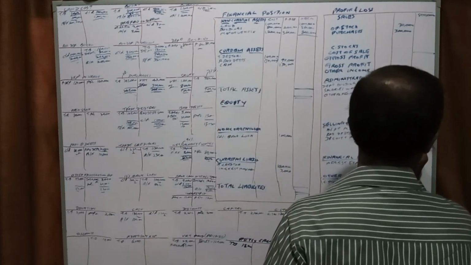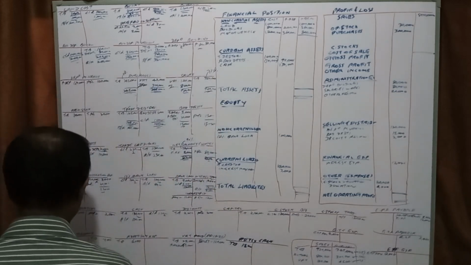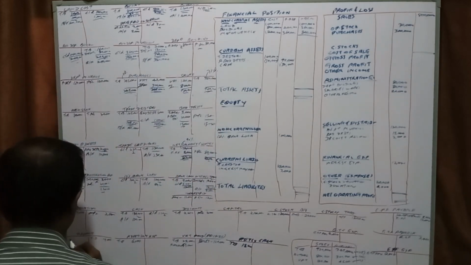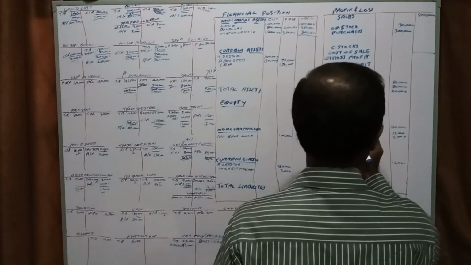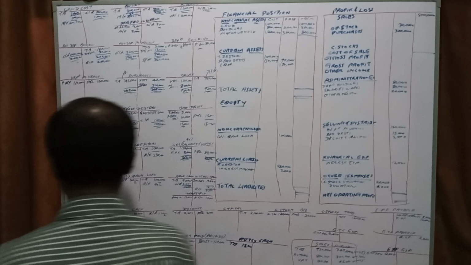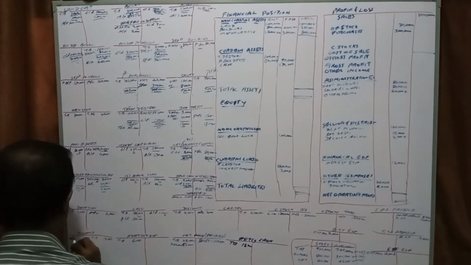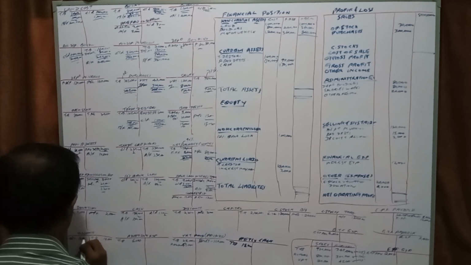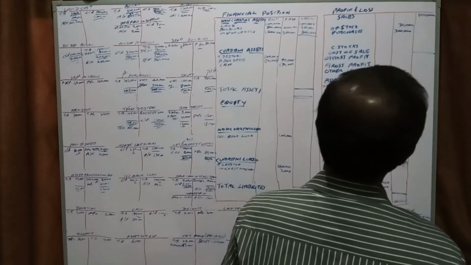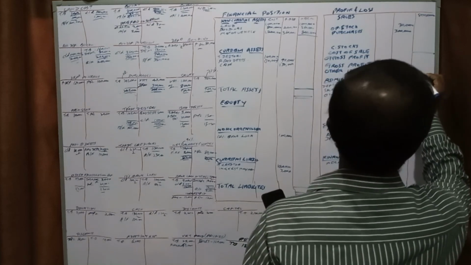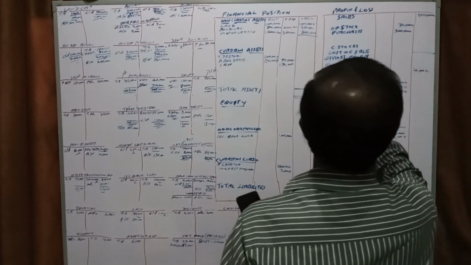Discount allowed is 2,000, and discount received, right? This is received. Discount received goes to P&L. That is 14,000, right? Discount received, other income 14,000.